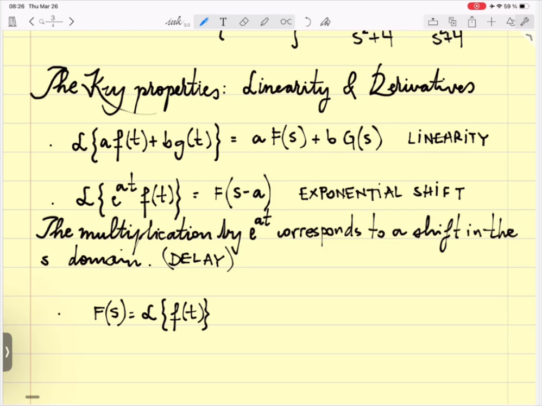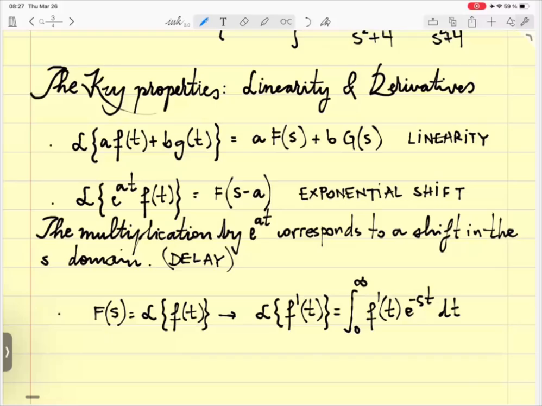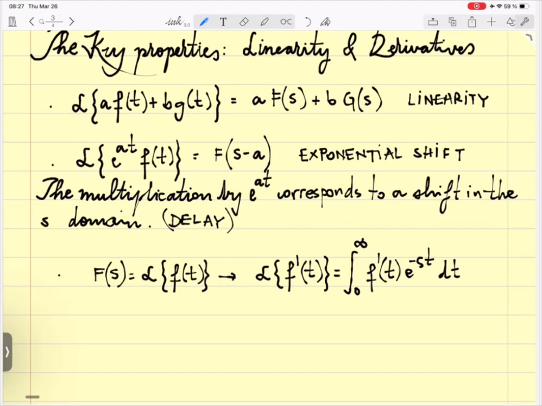And then the Laplace transform of the first derivative is the integral between 0 and infinity of the first derivative, okay, times the exponential of negative st dt. We do this integral. We integrate by parts.